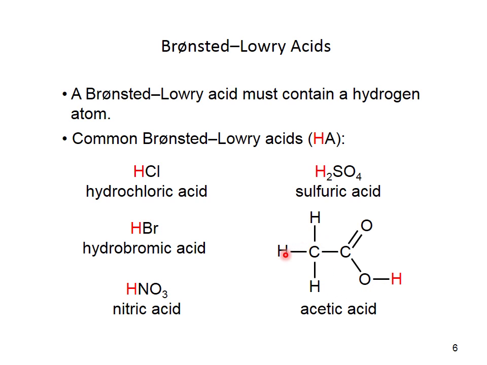These do not come off. But this hydrogen can come off as a proton. And so not all of our acids actually have this formula of hydrogen starting in the beginning. Sometimes we'll force a compound like this into that format by writing the hydrogen first, but that's not really the way chemists usually write the formula.